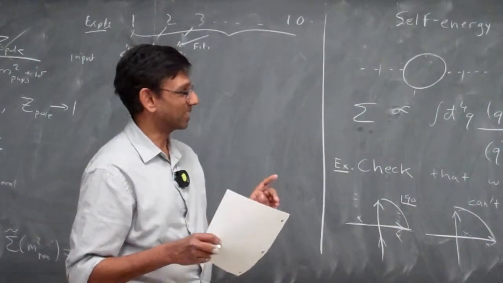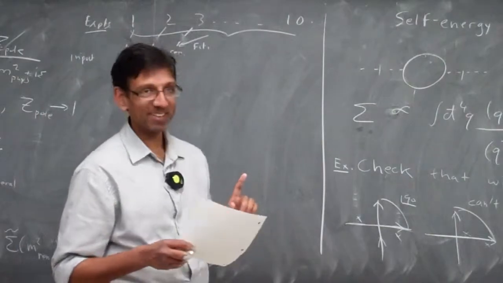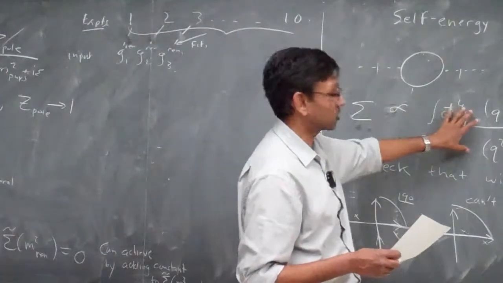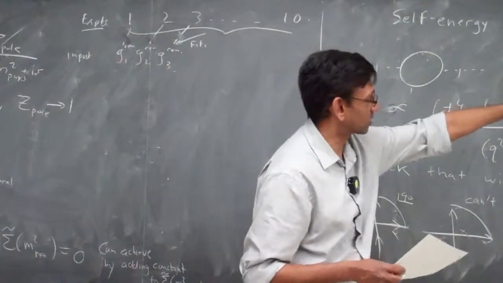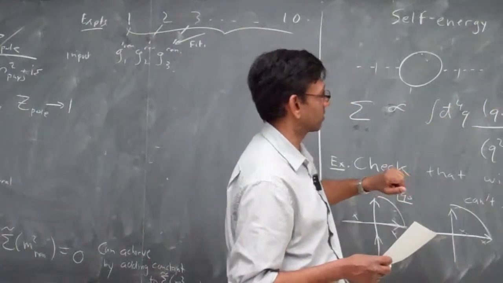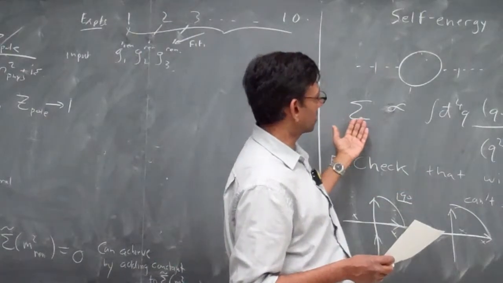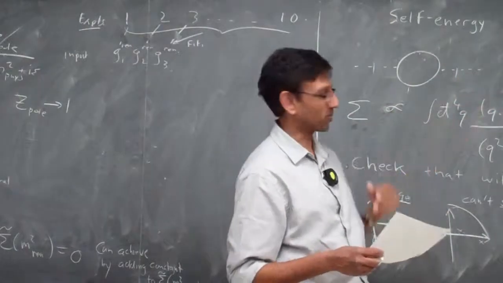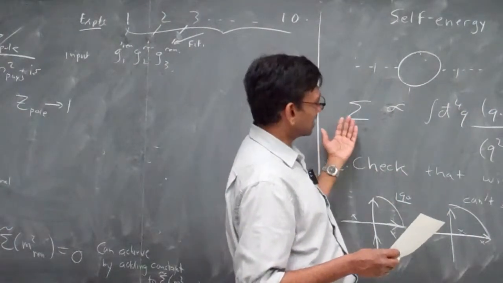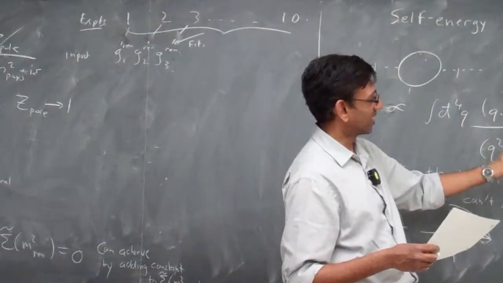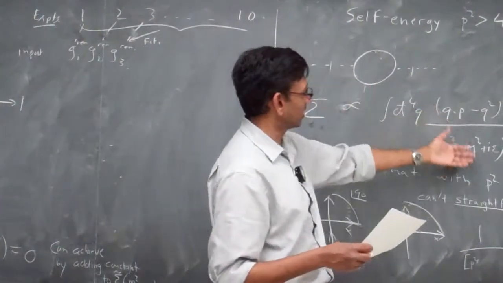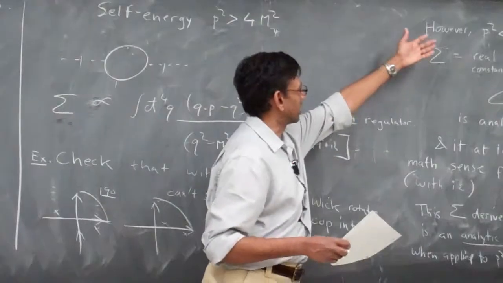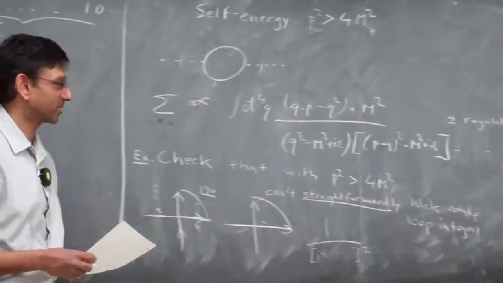Okay? So let me say that again, and then I'll try and write it in some cogent way. This integral certainly looks like that for p squared less than 4m squared, but of course it exists for p squared greater than 4m squared. It is an analytic function, and so you can think of this integral as an analytic continuation of this sigma for p squared less than 4m squared.